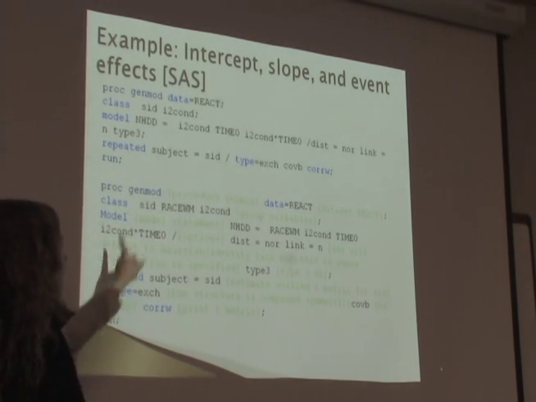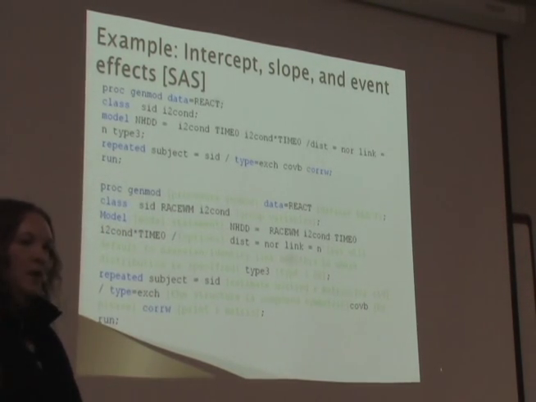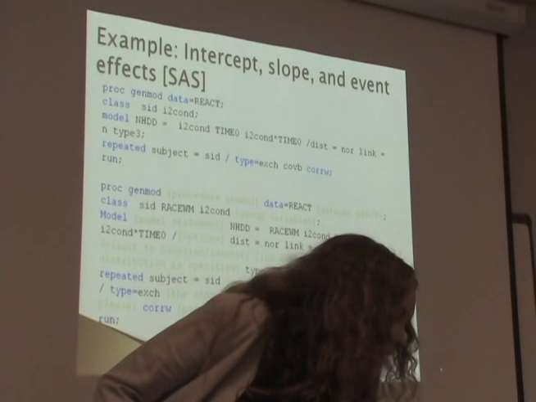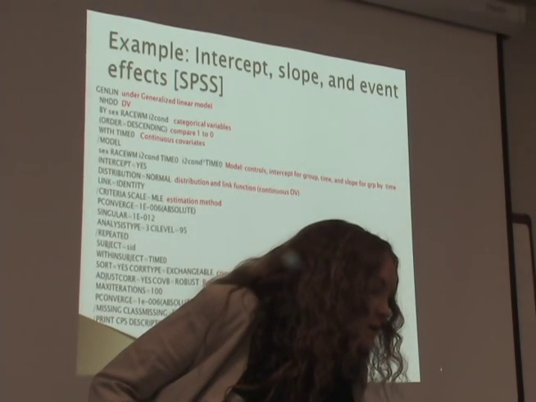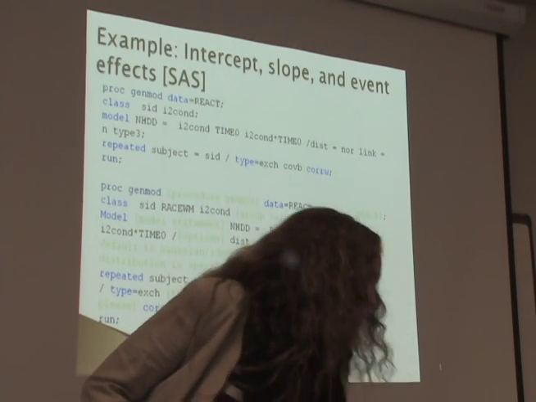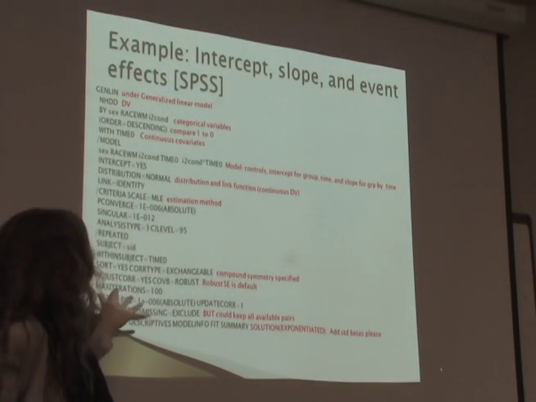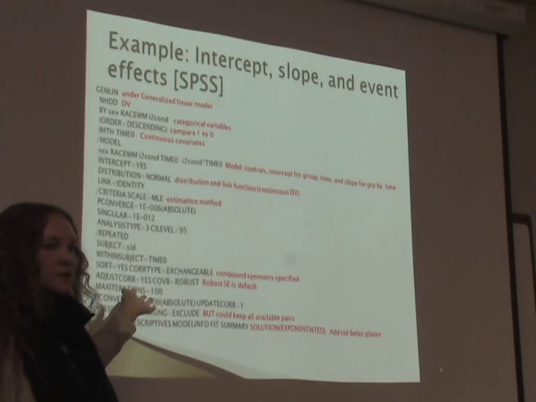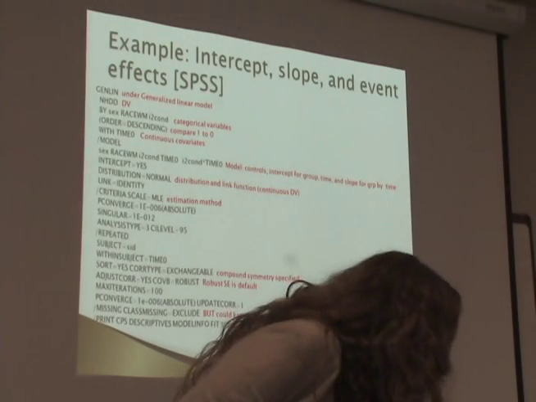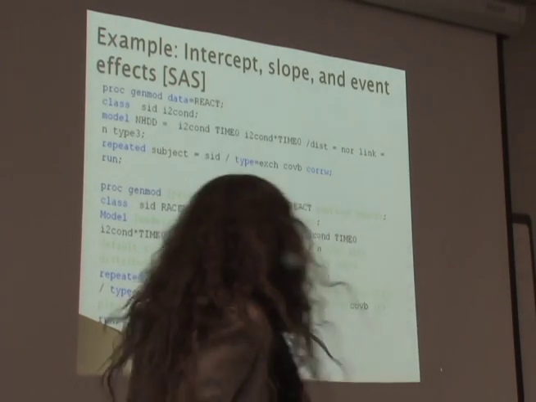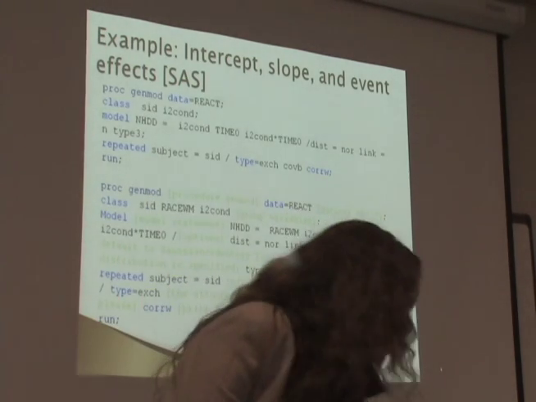And that's all kind of annotated in here. Any questions on the syntax for either one of these? A lot of this, I mean, SPSS plugs in tons of default information. I didn't write that out. Okay. Whereas SAS hides the default information.